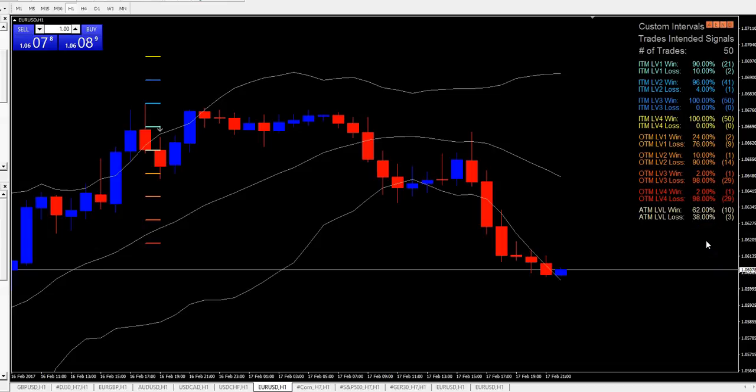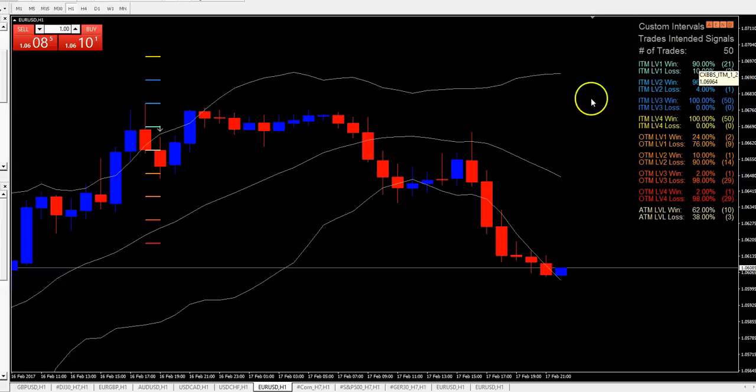What is my probability if I want to take a signal, say 10 pips in the money? It's 90%. I have a 90% probability that my trade is going to expire in the money or profitable. It's not going to expire unprofitable. What if I want to take an out of the money trade?